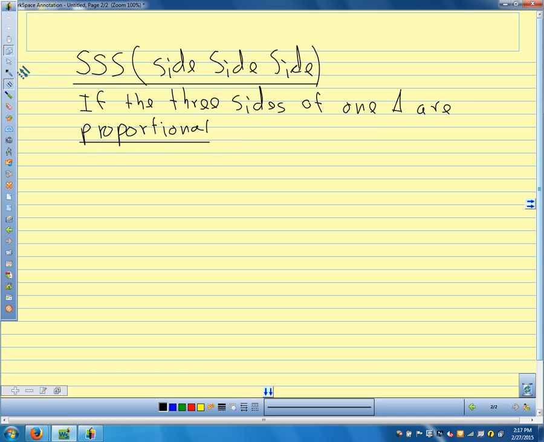What does that mean? When we set up the equation, what's special about the ratios? They're the same, exactly. It's just a different way of saying it. They're the same ratio.